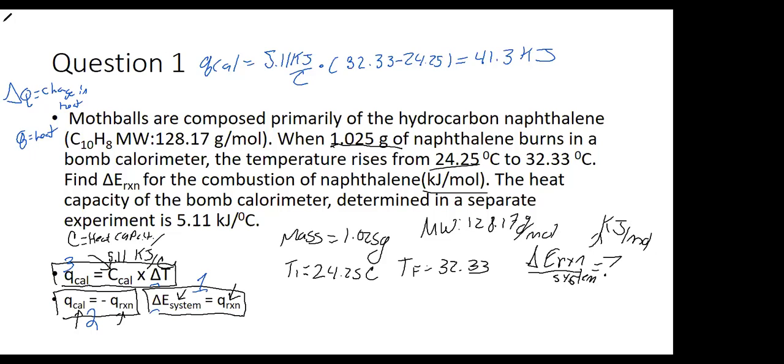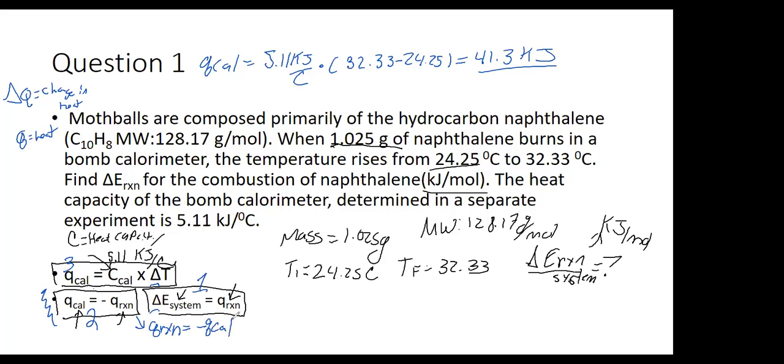All right. So we know how much heat was absorbed by the calorimeter was 41.3 kilojoules. Now I know how much energy was released by my reaction because we're assuming that any heat absorbed by the calorimeter came from my reaction. So I can rearrange this equation, say Q reaction equals negative Q cal.